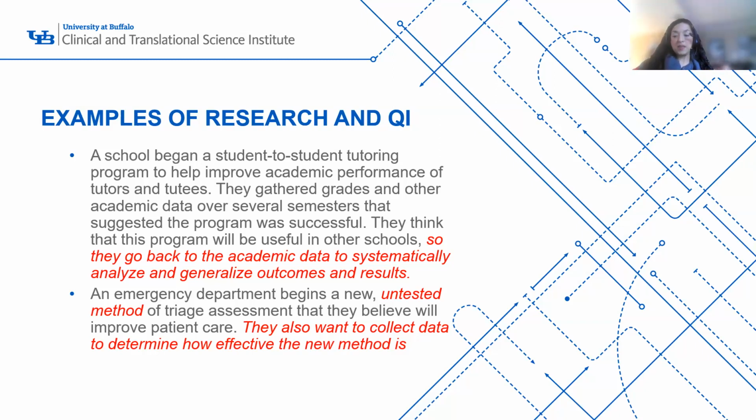So while they may believe that the method will improve patient care, they don't have the scientific backing to support that before they start. Their project would provide the data about whether patient care improves following the novel assessment method. So it requires IRB review and determination.